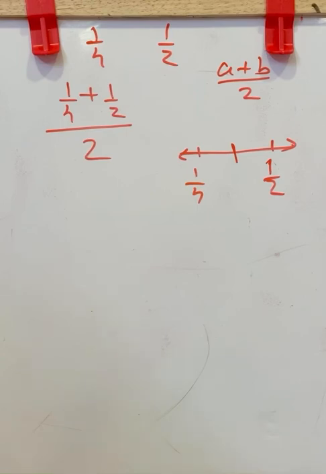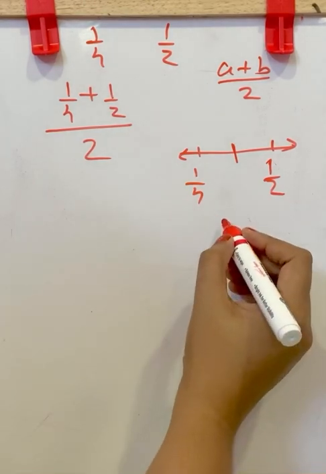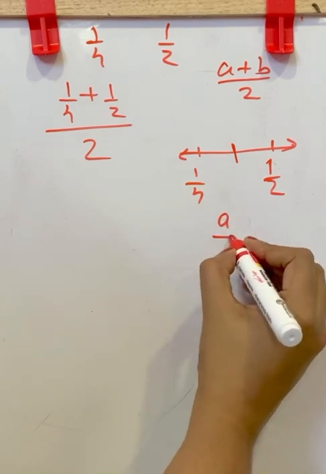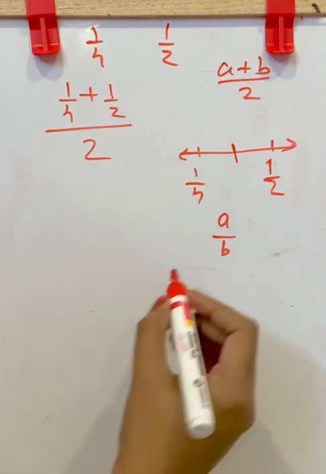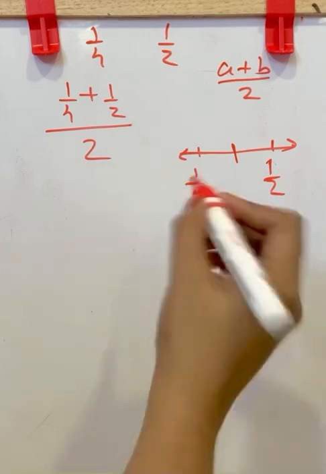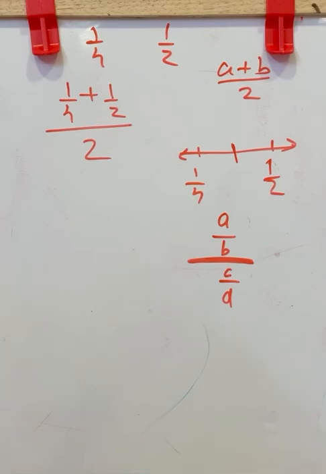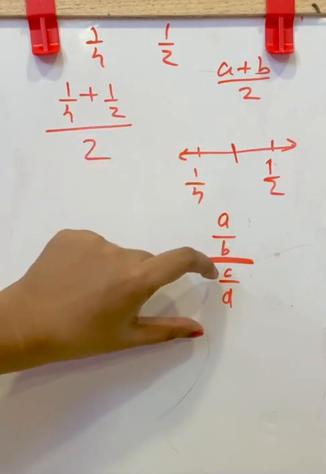Now I will show you a formula that includes rational numbers, that is fractions. A by B is a fraction, divided by another fraction C by D. That is, a fraction is divided by another fraction.